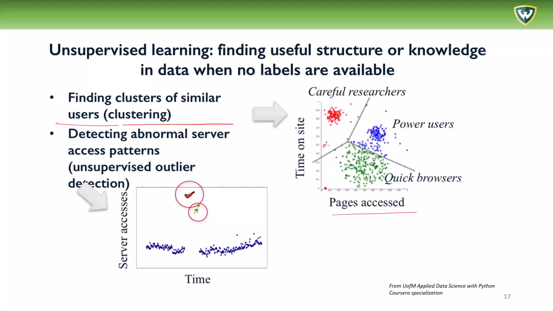This one accesses very few pages, but spends a medium amount of time on the site. Now there are some people that access a lot of pages, but only spend a little time. So I see this person here, let's say it's Joan. Joan accessed like 30 or 40 pages, but she only spent like 10 minutes. And there's a lot of people like Joan. And then there are people that spend a lot of time on the site and access a lot of pages.